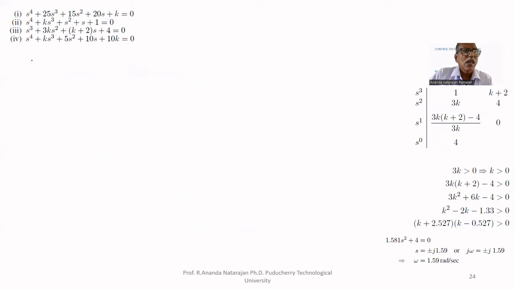Let us see more sums on range of K using Routh-Hurwitz criterion. Third one. S cube, S square: 1, 3K, K plus 2, 4.